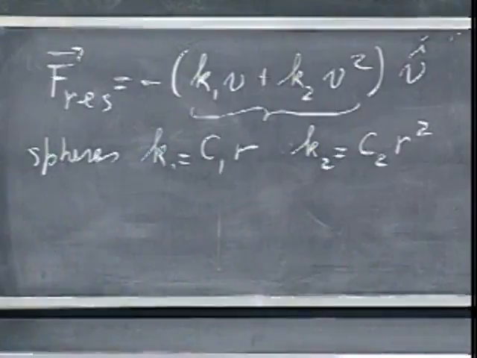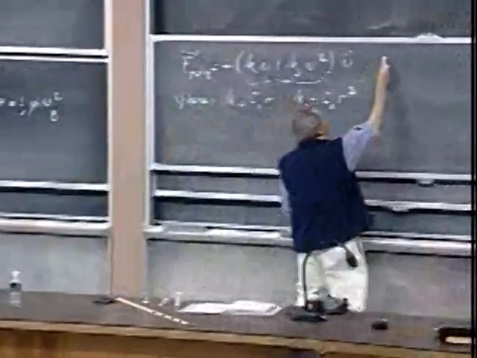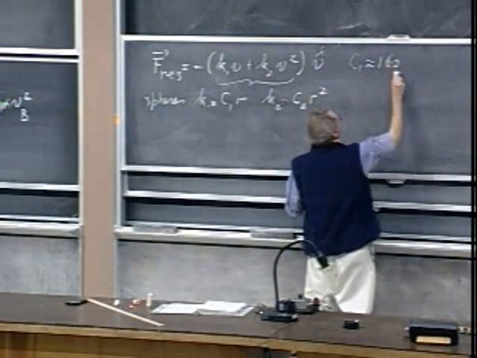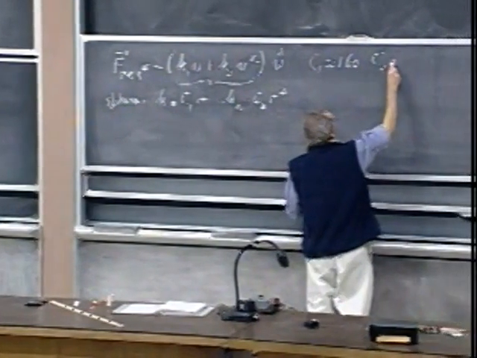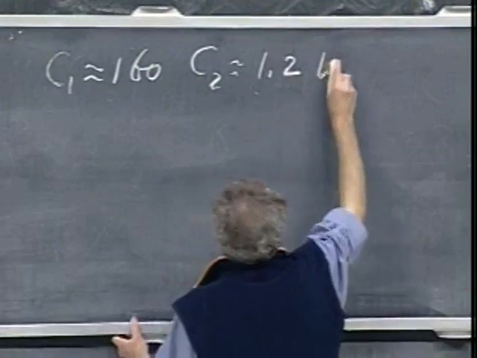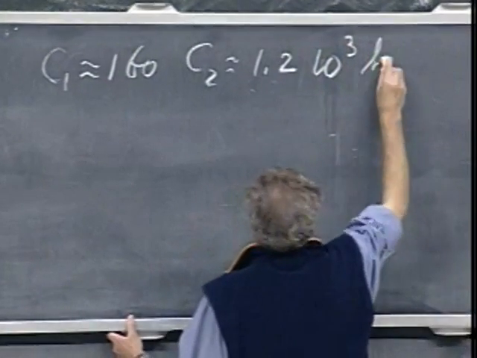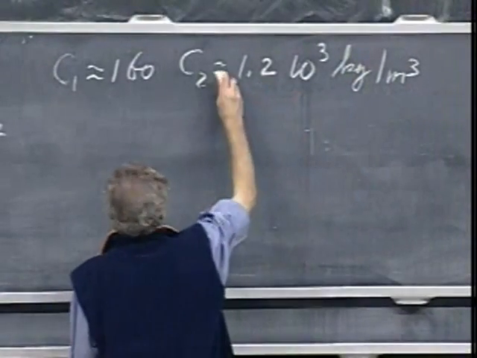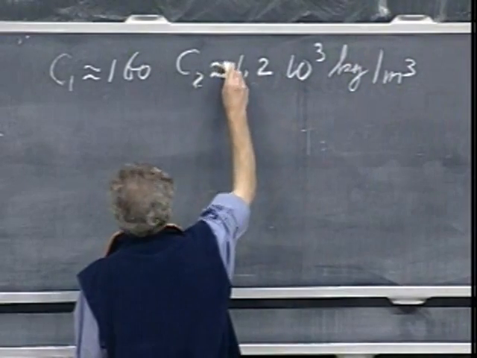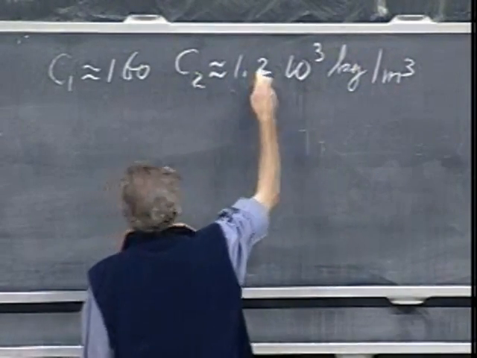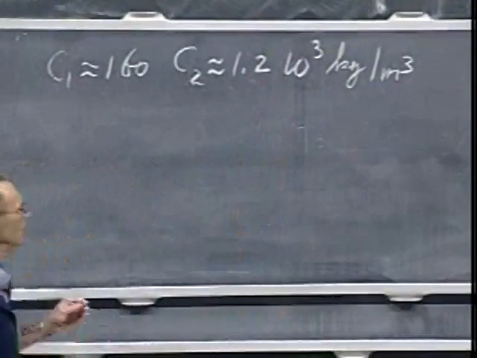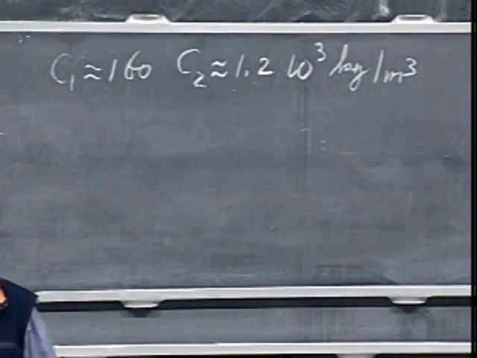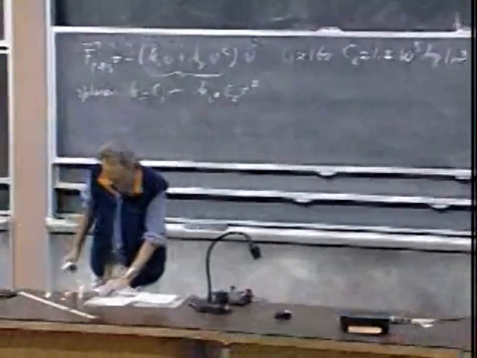And this was a syrup for which C1 was approximately 160 and C2 was about 1.2 times 10 to the third kilograms per cubic meter. I always remember the units of this because that's always density. In fact, it's always a little smaller than the actual density of the syrup itself. This is a more complicated unit, but you can figure that one out for yourself.